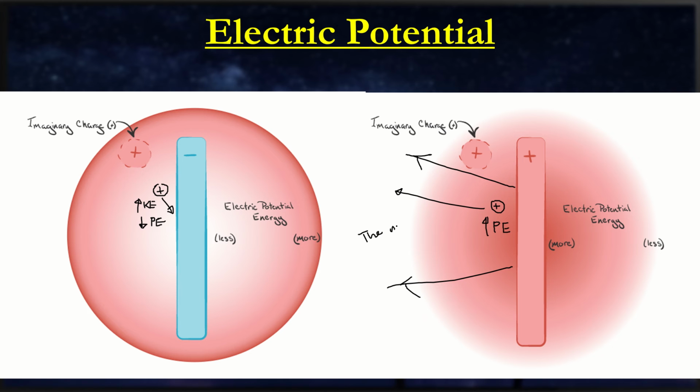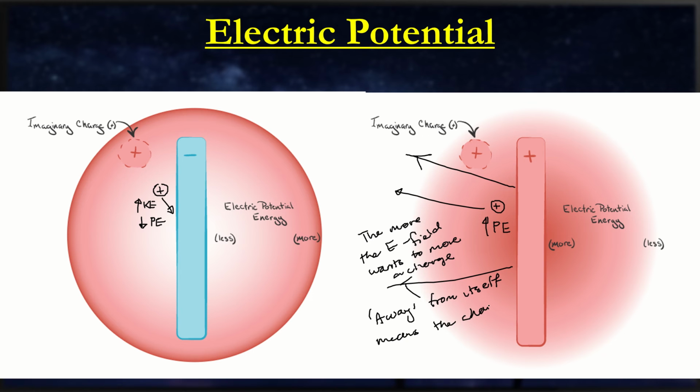So the more the electric field wants to move a charge away, this is the key point, away from itself, means the charge has a greater electric potential. So the energy to be pushed away from the electric field. That's the key point.